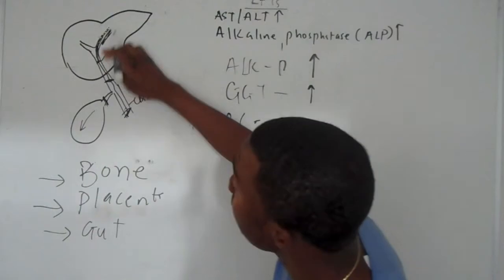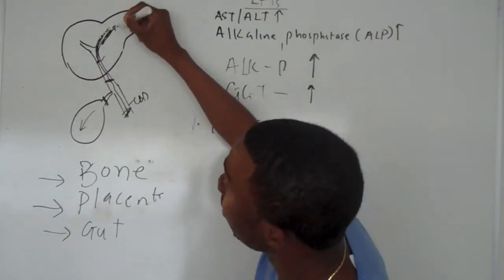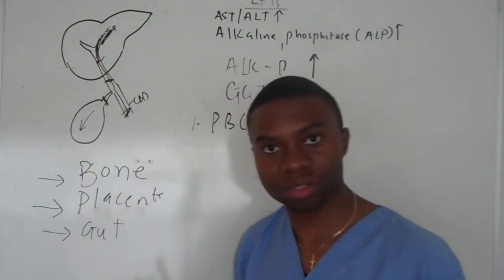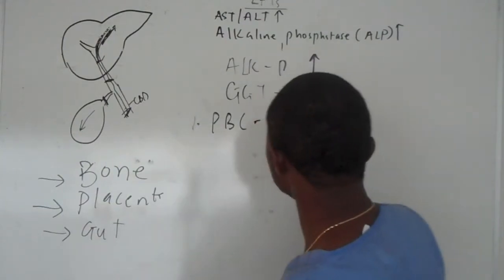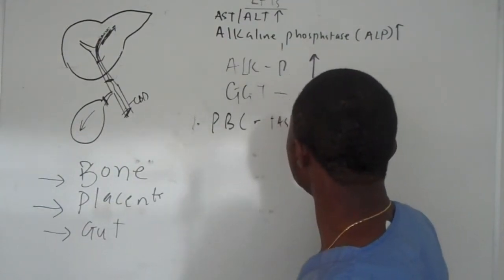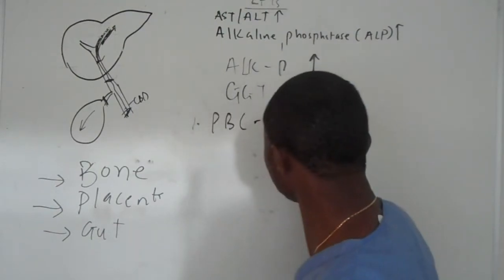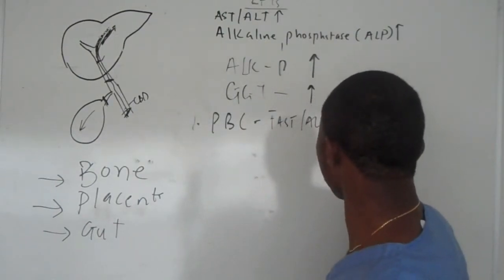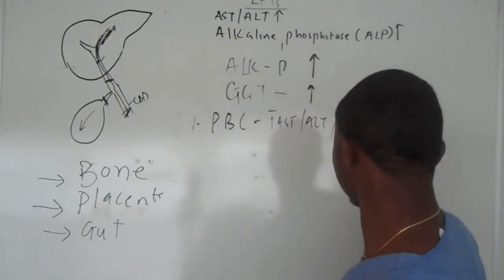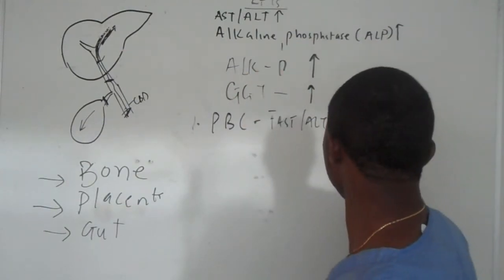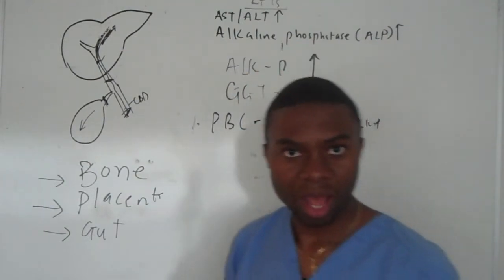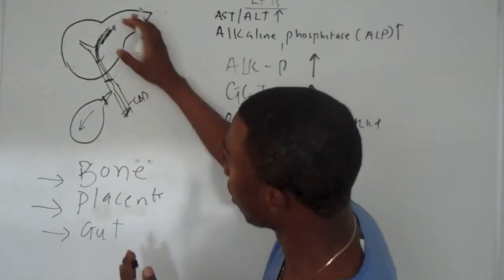That will cause this to go up, and if this backs up enough, it backs all the way to where it's being produced by the hepatocyte, you might get an elevated AST with a slightly elevated ALT. It could be normal, don't get me wrong, so I'll put a little arrow. But what you expect to see is elevated alk phos.